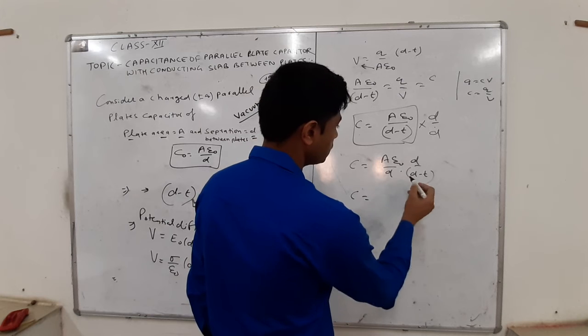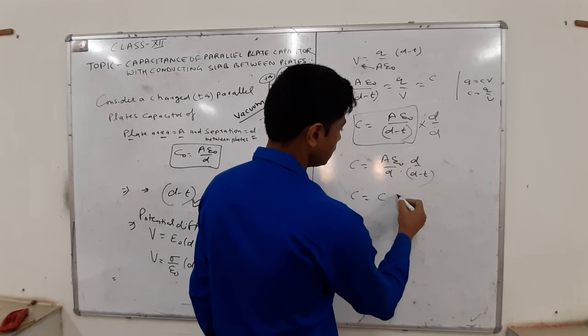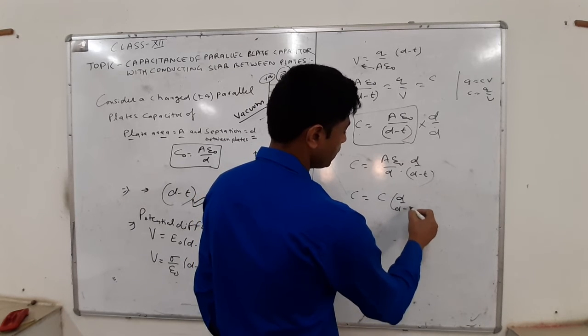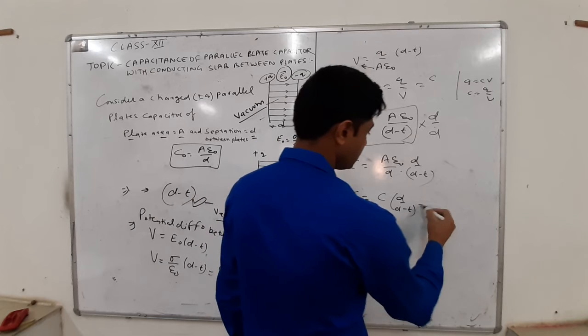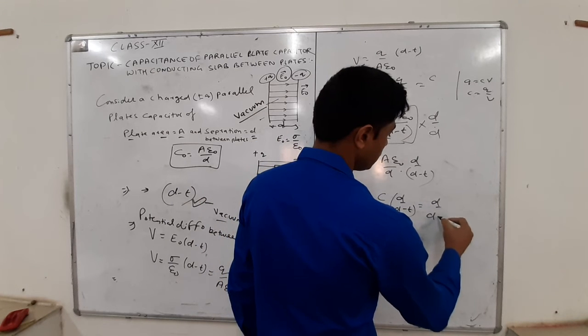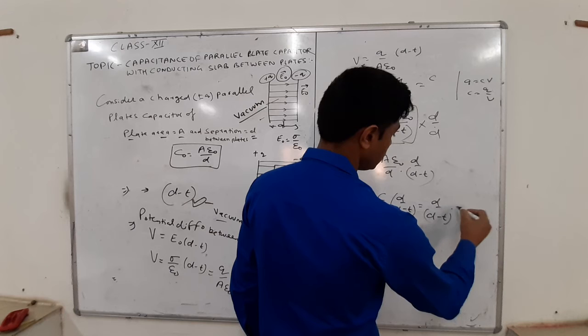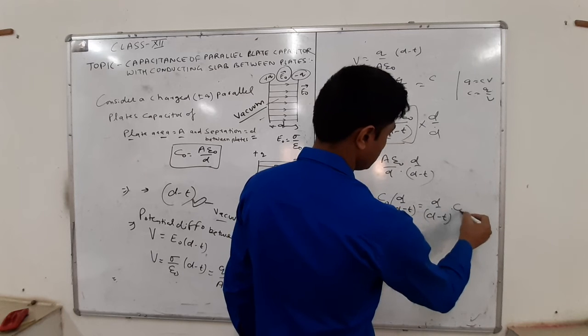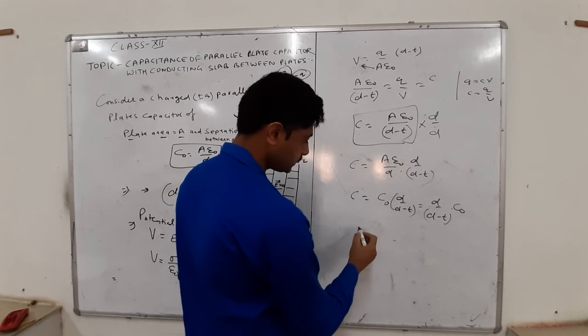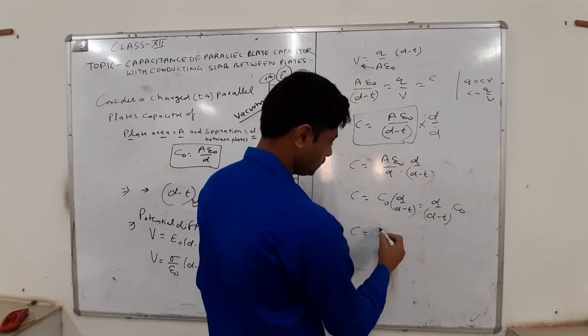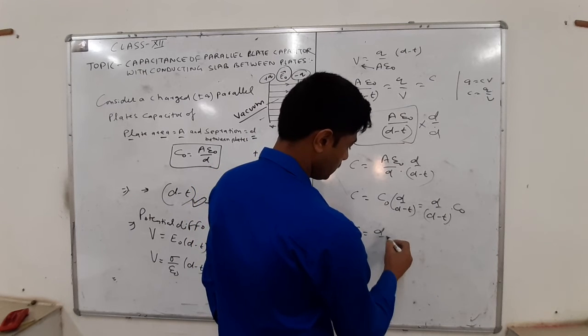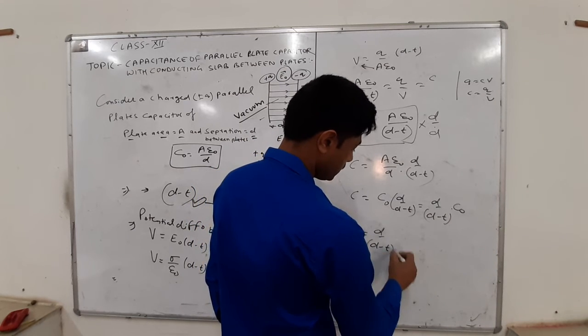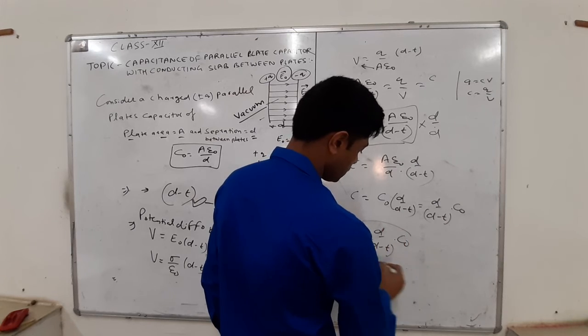So C equals D upon D minus T into C naught. Okay, so C equals D upon D minus T times C naught.